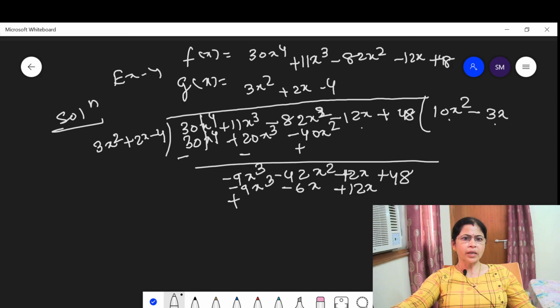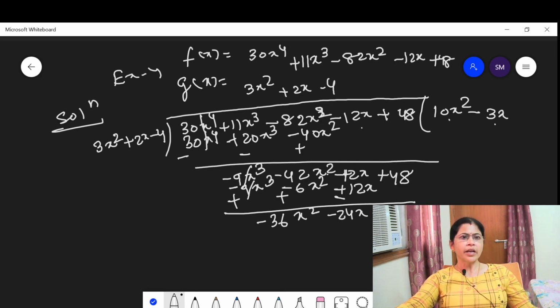Then when you subtract, this is plus 6x square, and minus 12x minus 12x, this cancels. Minus 42x square plus 6x square is minus 36x square, and minus 12x minus 12x is minus 24x, plus 48.